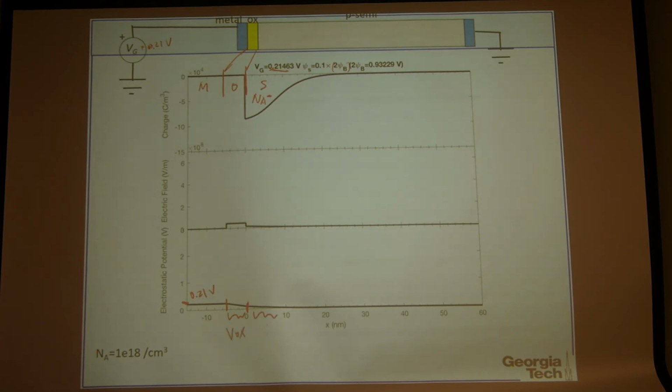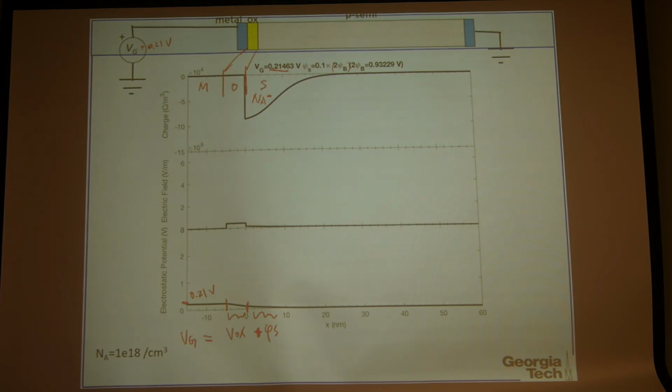One is VOX, one is phi s. You see this 0.21 volts is dropped across the VOX, which is the oxide, and then the phi s, which is the surface potential of the silicon surface. So this is the simulation result, and then we are going to play the animation.